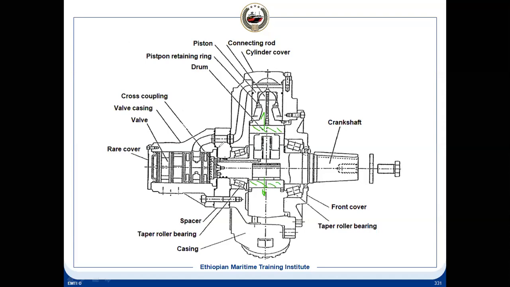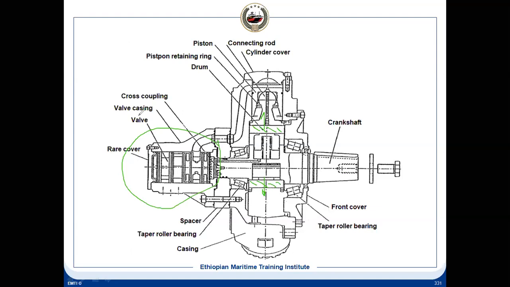And this is the valve which is driven by this crankshaft itself. This valve will decide, if you are running in the opposite direction, what will happen. The suction and discharge will change, that is, the pressure line and the return line will change, as well as which piston will get the pressure and which piston will drain. That is also decided by this valve.